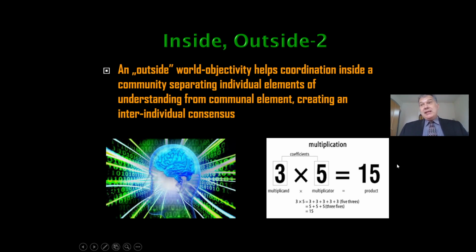And if you don't find some, then you create some for your own entertainment, okay? So inter-individual consensus, inter-individual coordination is of course necessary. It creates a space that is outside of you, that is independent of you, that is objective. But that space is virtual.